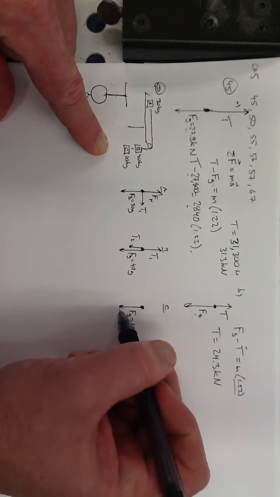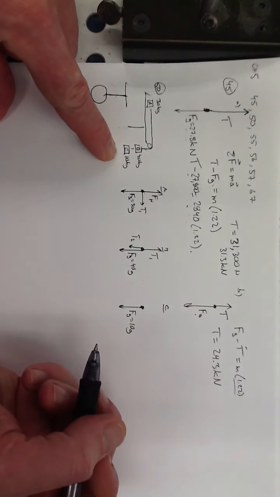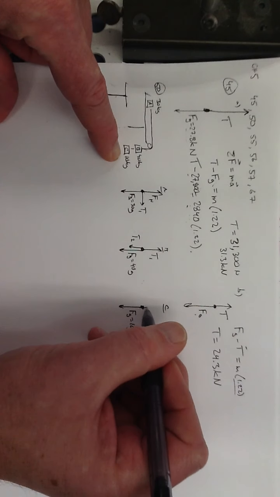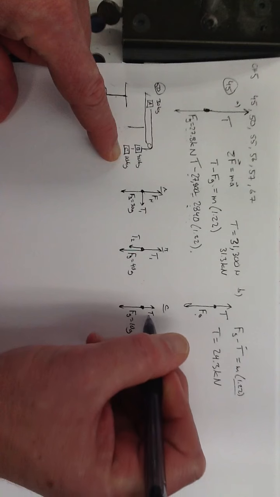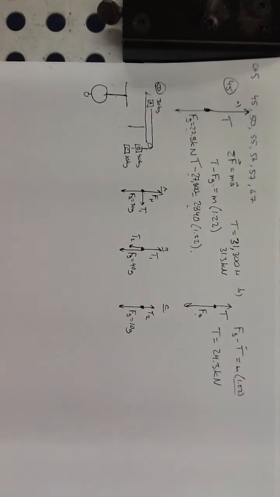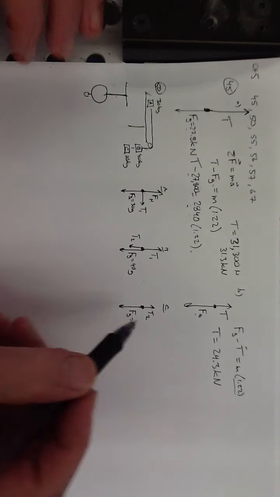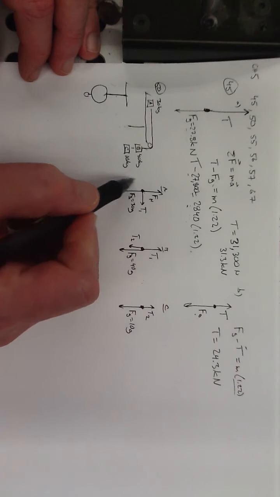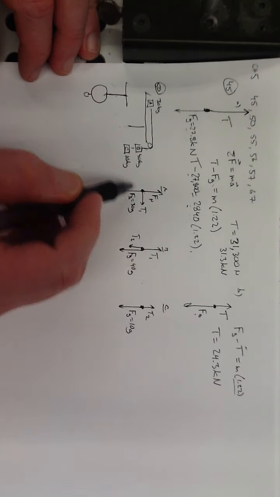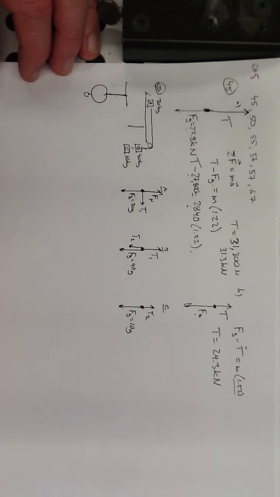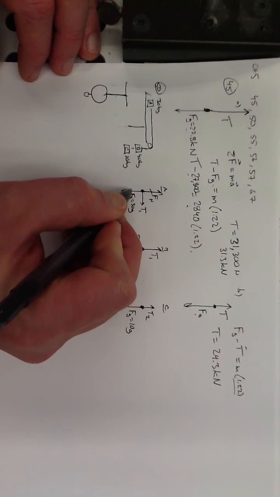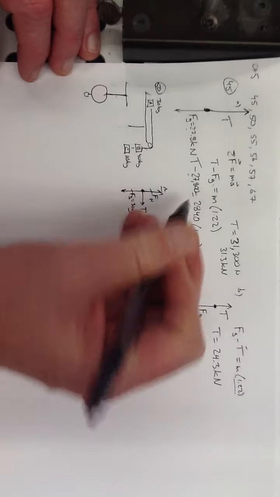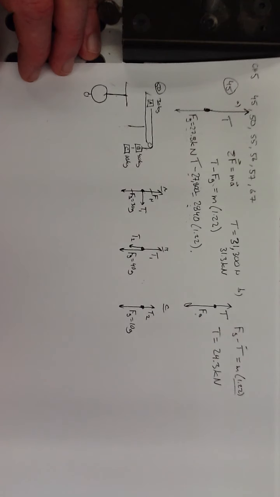So the force of gravity on this block must be the winning direction, because that's the direction of the acceleration. So I know for sure that T2 is less than that. I know that down is the winning direction for this, down is the winning direction for this, and right is the winning direction for this. Of course, there's only one force in that direction here. So, because those cancel each other out, no motion in that direction for block A.